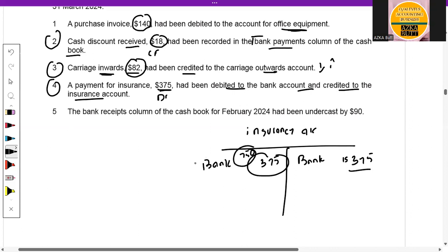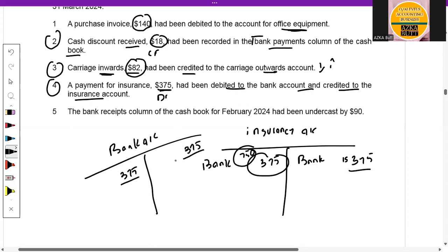And similarly, we will be doing the same thing in the bank account, because the same thing happened in the bank account. We debited the bank account with 375, but we needed to credit it. If we credit the bank account with 375, it will cancel out. That's why we need to write the double amount here, which is 750.